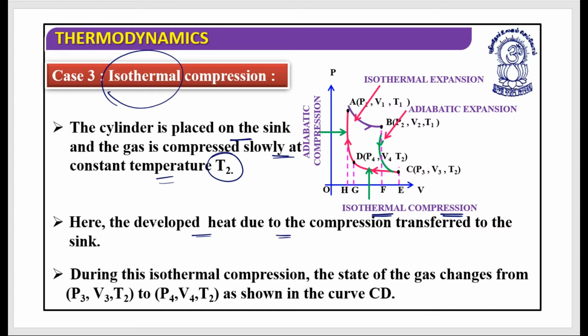So heat developed due to the compression is transferred to the sink. During this isothermal compression, the state of the gas changes from P3V3T2 to P4V4T2, as shown by the curve C to D. I hope this is clear.